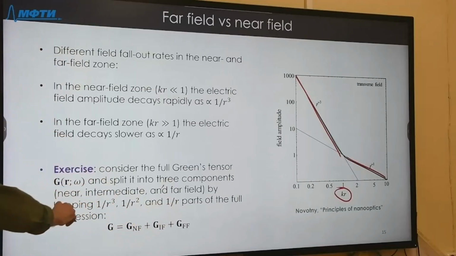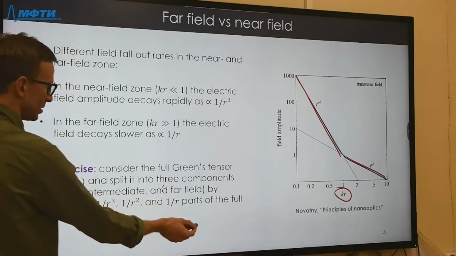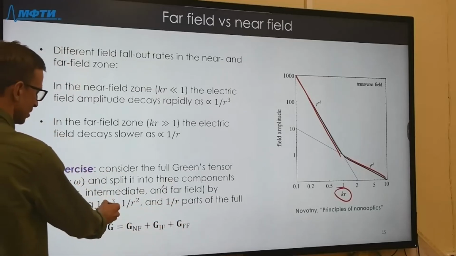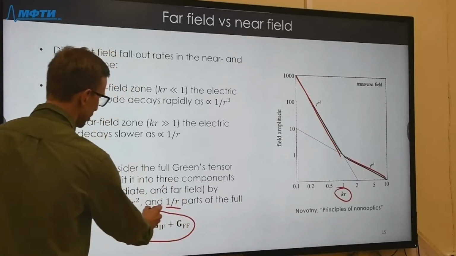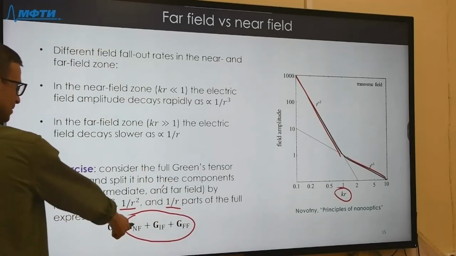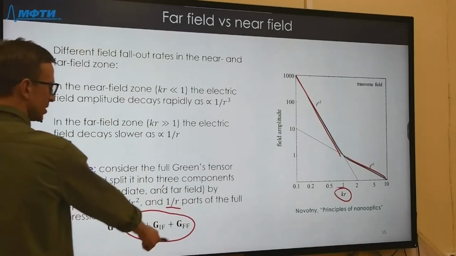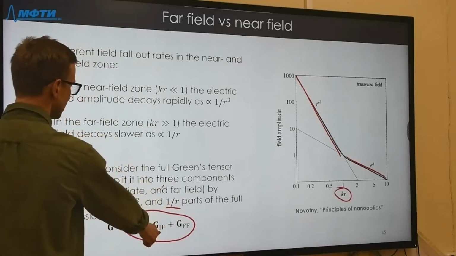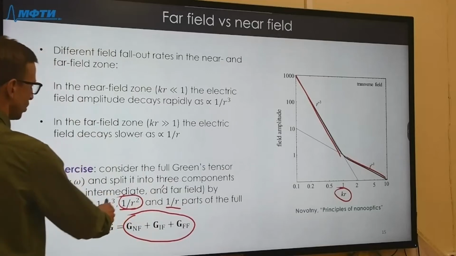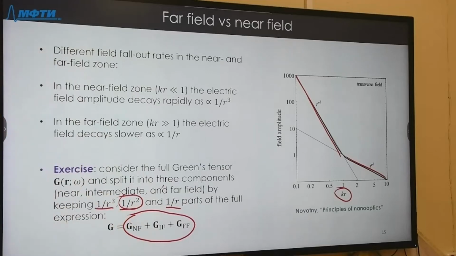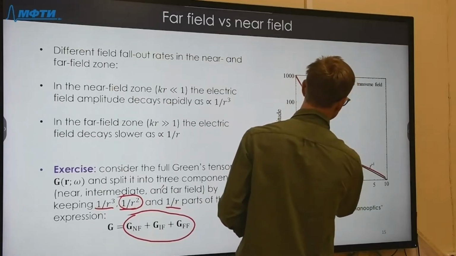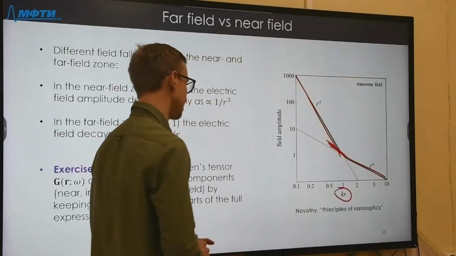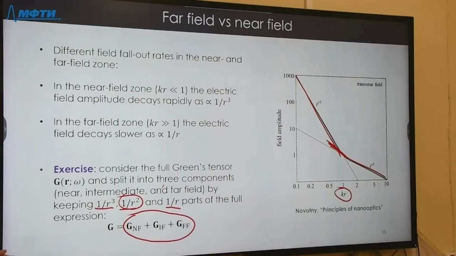By grouping the terms in the full expression according to these powers, you can obtain 3 different components of the green tensor corresponding to the near field component, to the far field, and to the intermediate field, which will contain the 1 over r squared component, and which, as the name suggests, is present in the intermediate region between the near and the far fields.